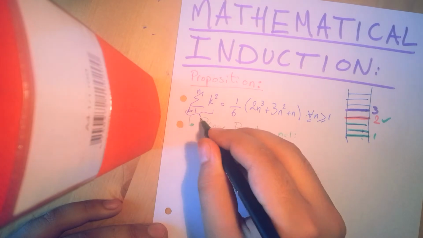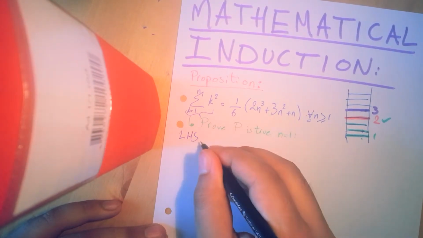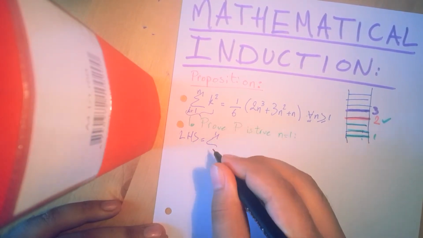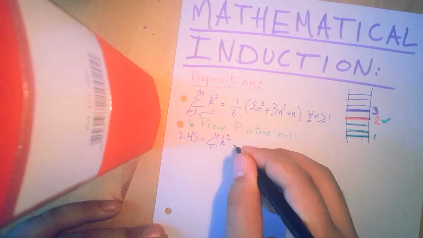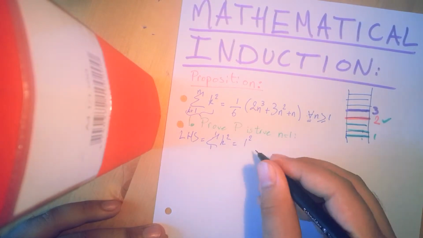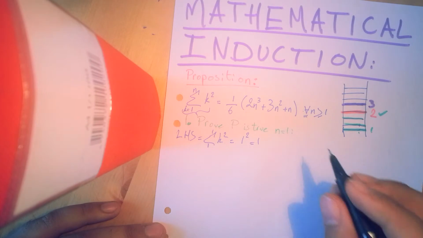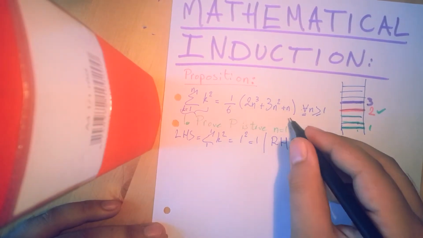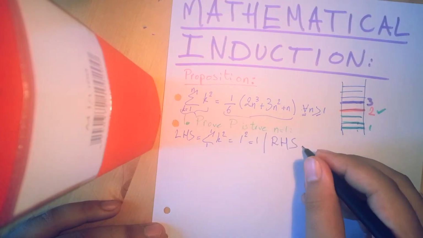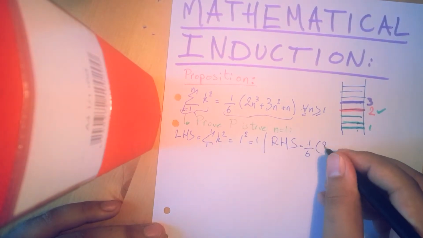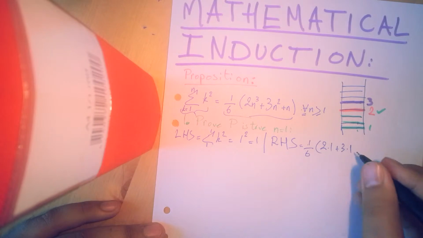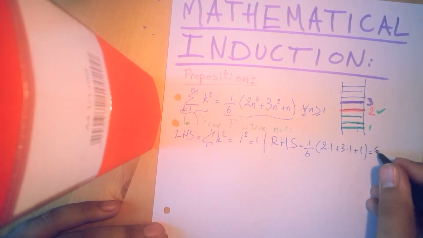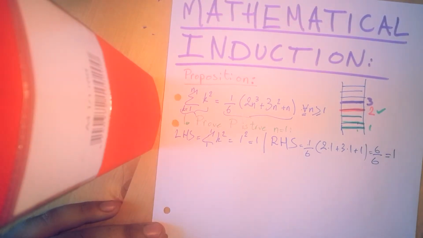So if we look at the left-hand side on its own, it's going to be k squared, which is going to equal 1 squared, which is 1. And then if we look at the right-hand side, which is this part here, then it's going to equal 1 over 6 times (2 times 1, plus 3 times 1, plus 1), which is equal to 6 over 6, which is equal to 1.